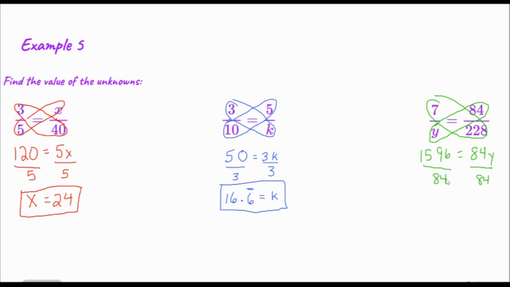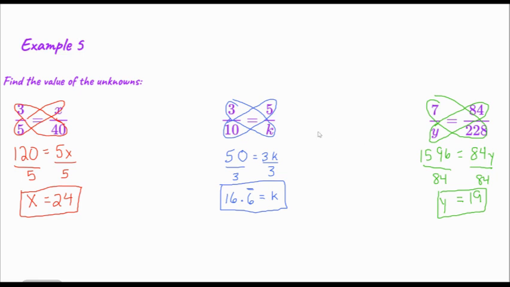So 1,596 divided by 84 is 19. So y equals 19. So these numbers tell us, okay, what do I need in this fraction for both sides of the proportion to be equal?